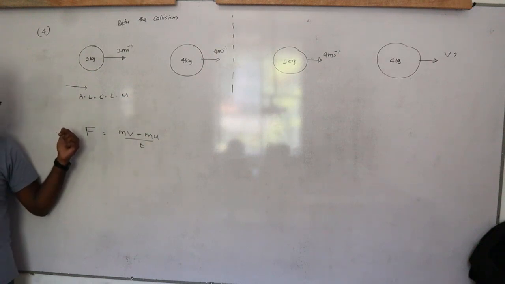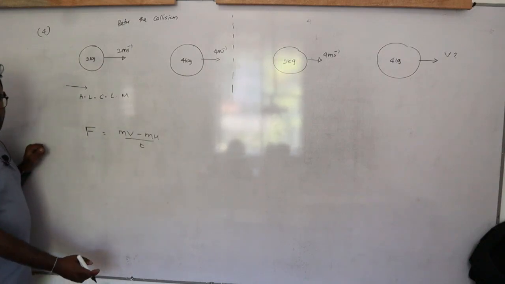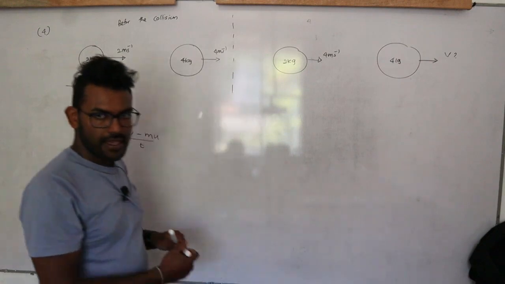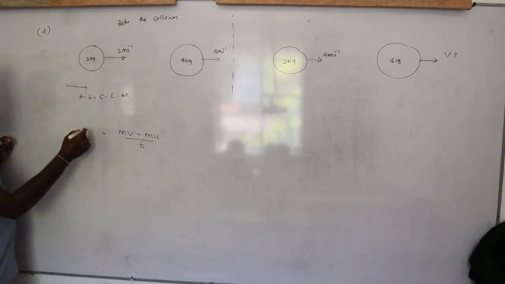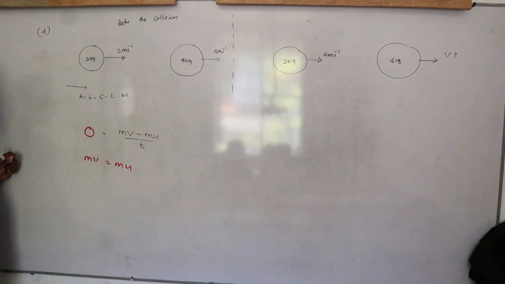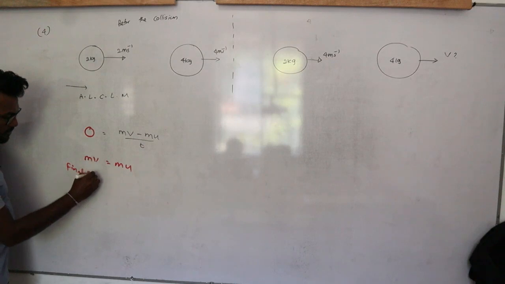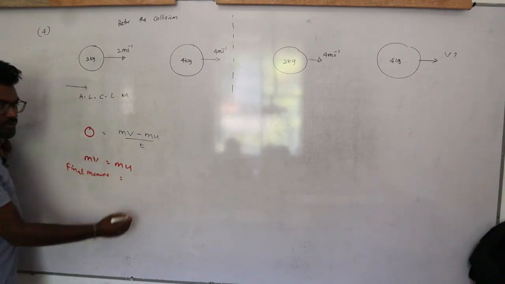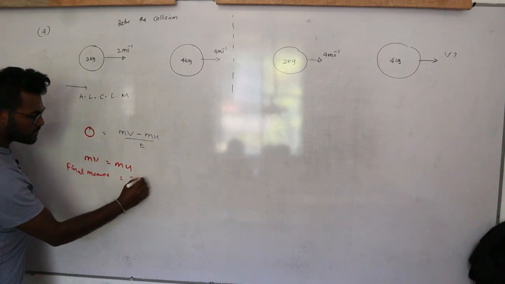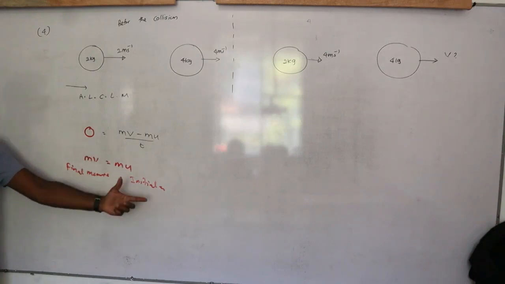So when the momentum change is zero, when there's no external force, if F is zero, then this into 0 will be 0. So mv equals mu. What is mv? Final momentum. What is mu? Initial momentum. So if there's no external force applied, we could write the final momentum equals the initial momentum.